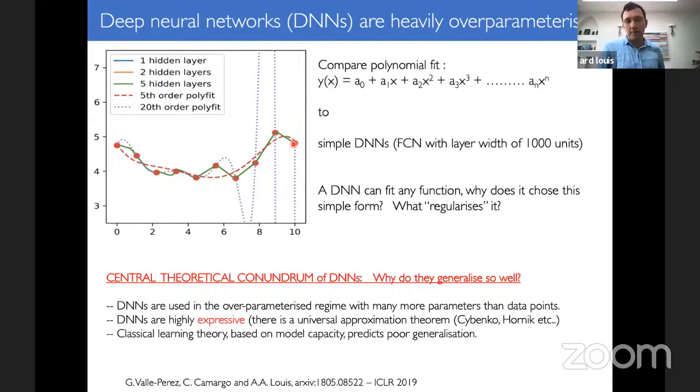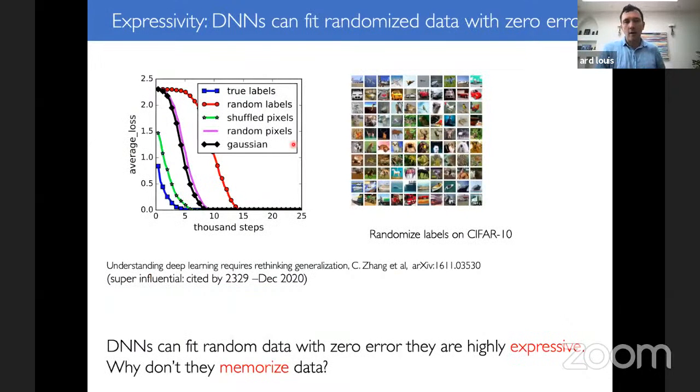When I first saw this or started thinking about it, I was very confused by why neural networks could work at all, because they've got so many more parameters. This argument became quite popular in the field with a recent paper, which has been very influential, by Zhang et al., where they basically show that if you took an image data set, CIFAR10, and you just randomized labels, so you put random labels on, you call a dog a cat, etc., you can in fact train a neural network to perfectly learn that data.